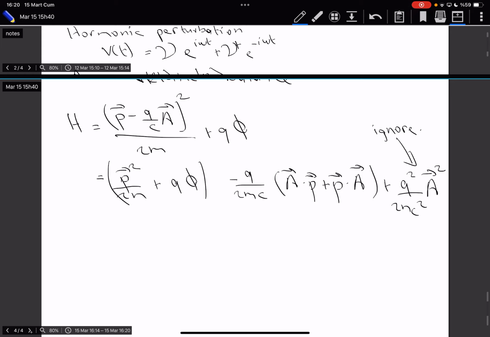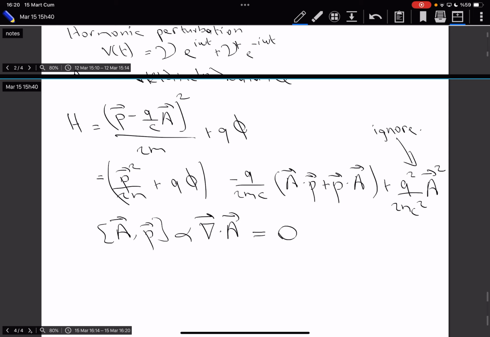Now, in general, the vector potential A and the momentum, they don't need to commute. But the commutation is proportional to the gradient of A, their commutator. If A depends on your position, it won't commute with the momentum operator if this is non-zero. But we will choose a gauge for which that is zero.